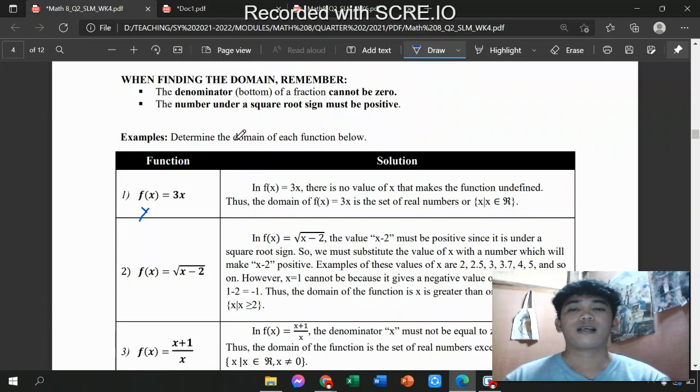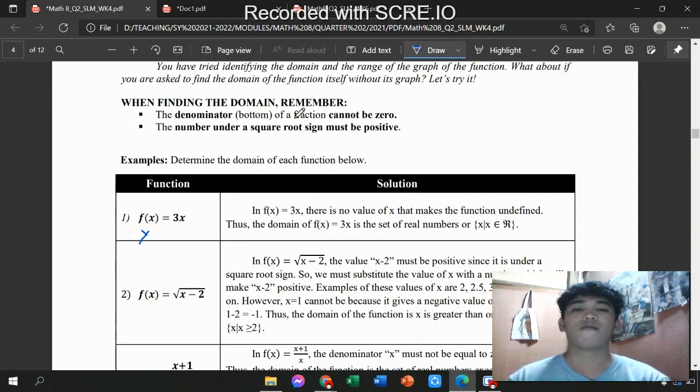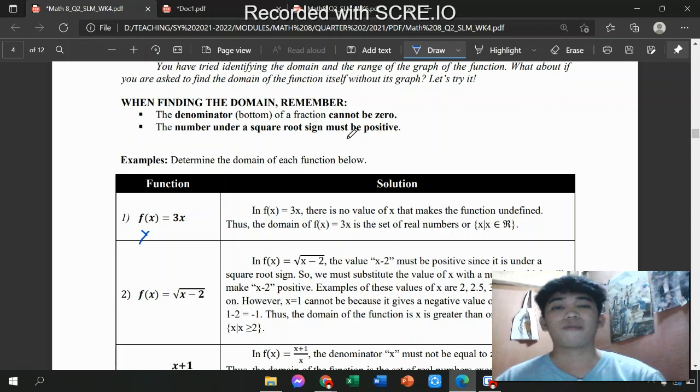Di ba ang atong i-remember is the denominator of a fraction cannot be 0. So this is not a fraction man. So pasok ang number 1. The number under a square root must be positive. Wala man po ni gisud og square root sign. So pwede na to ni mapangitaan og domain.